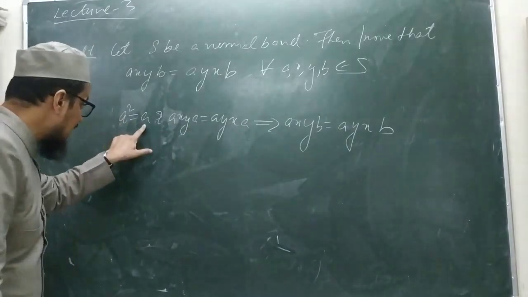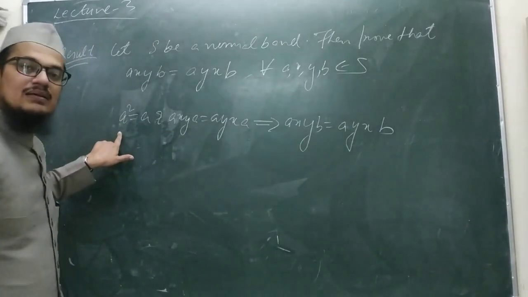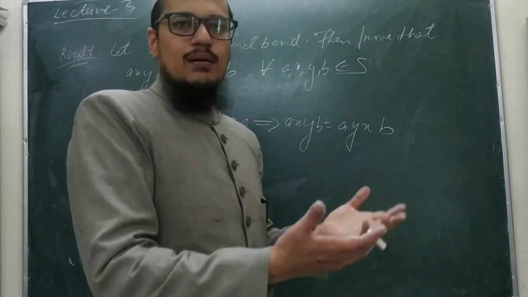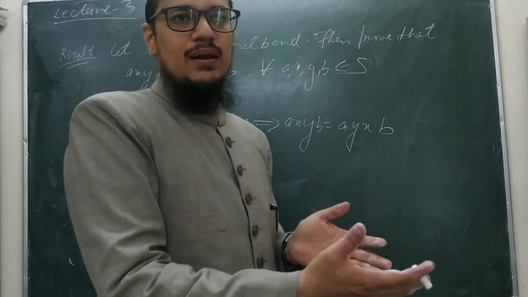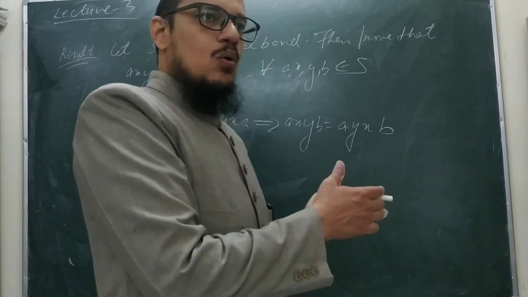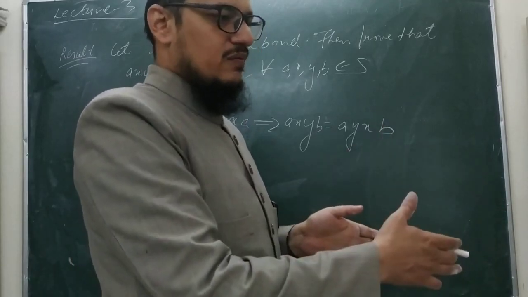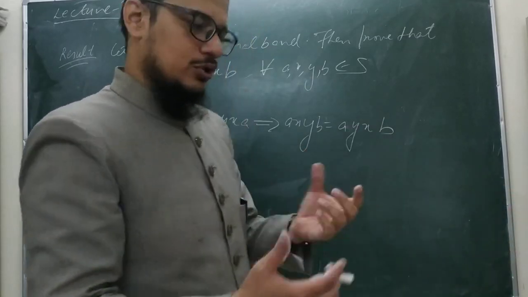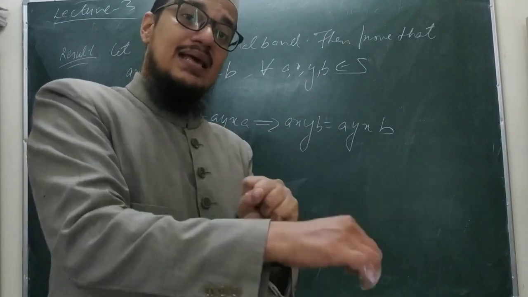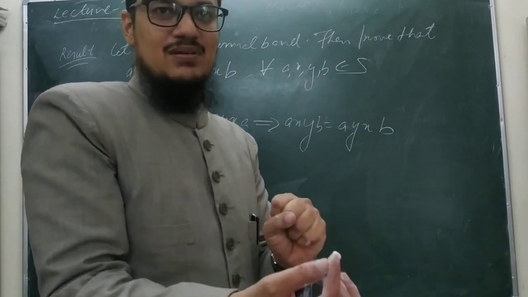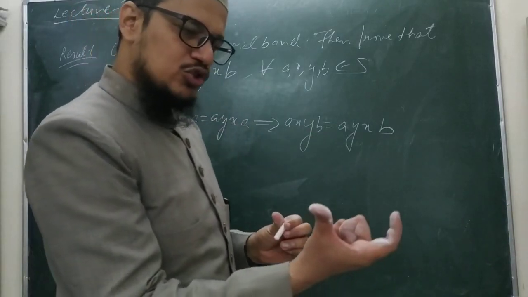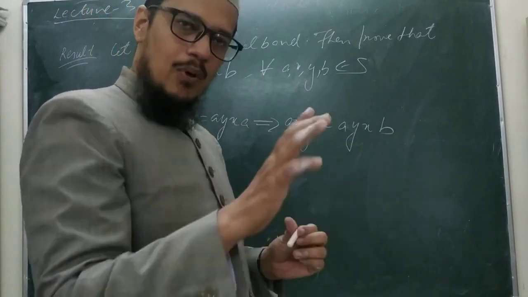And every element can be written as, A can be written as A square, AX can be written as AX into X, AXY can be written as AXY into XY. It is like that because the product of three elements is again a single element of a semigroup S. Because it goes in S, it is a semigroup, isn't it? So you can consider three elements as one element, no problem, without loss.